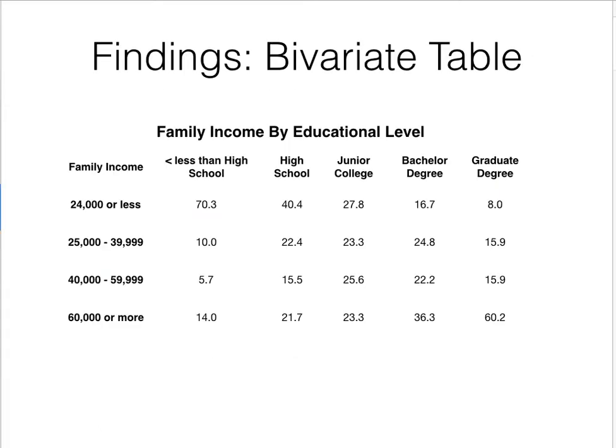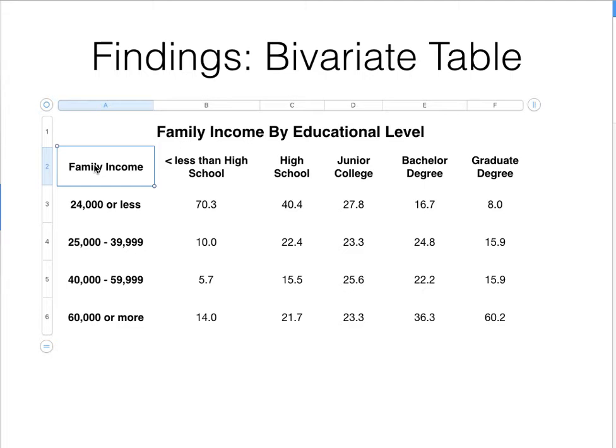Okay, the next thing, sorry about that. And your bivariate table, same thing. If you just use a simple chart, you can line these things up so much easier, and then just put in your numbers and align them, and you'll be fine.